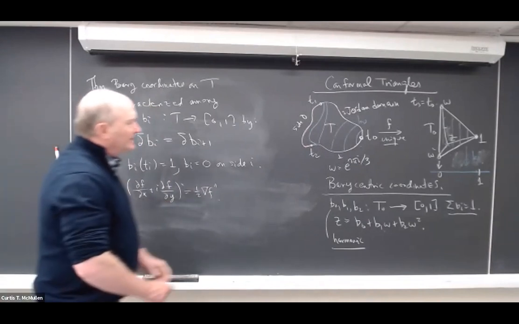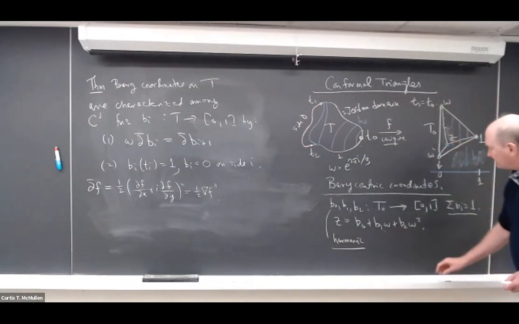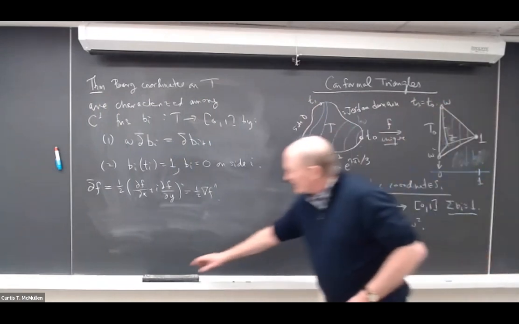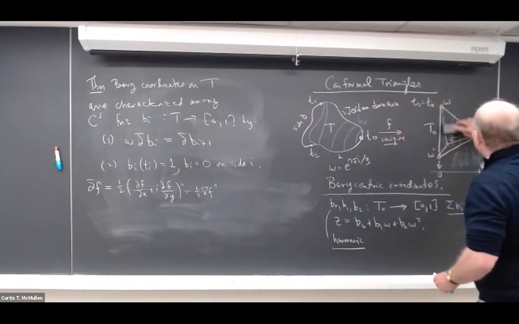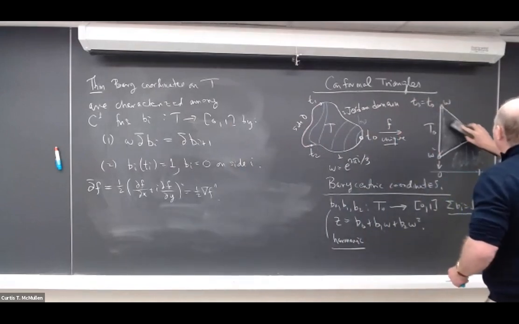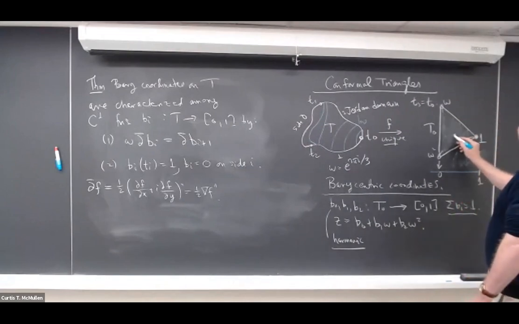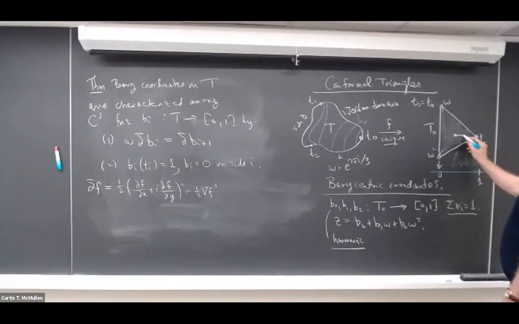And what this condition is saying is the following. Let's go over to T0. So when we're in the interior of T0, we have 3 barycentric coordinates. And what do their gradients look like? Well, the gradient of B0 increases as you move towards the first vertex. So this is what the gradient of B0 looks like.